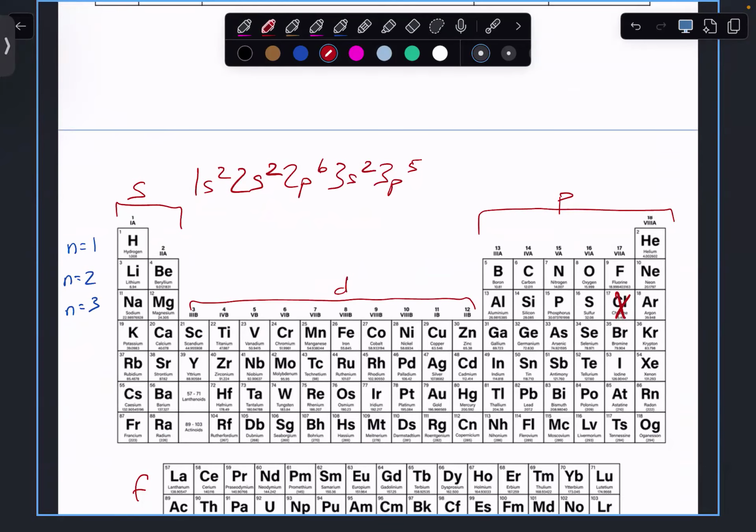In this case, if we're trying to do chlorine, the previous noble gas to chlorine would be neon. So I'm going to put neon in brackets. And what that's saying is that I've got all of the electrons that get me to there. And then we put in the remainder, which will just be 3s2, 3p5.